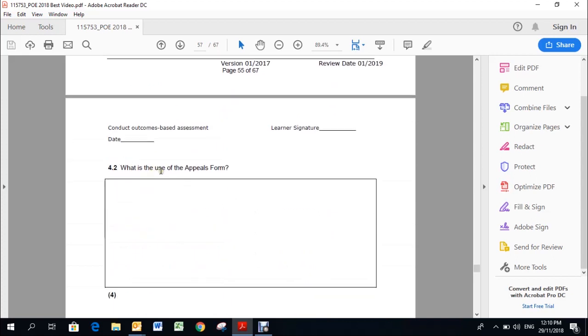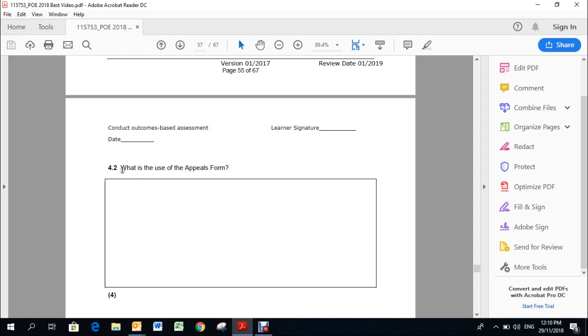So if you do that, you are actually doing the remediation. What is the use of the appeals form? We indicated earlier in your portfolio, when we were completing the administration part, that when a learner feels they have been treated unfairly, it is one of their rights to say, I did not get fair treatment, therefore will you please accept my appeals form so that the matter can be investigated and solved.